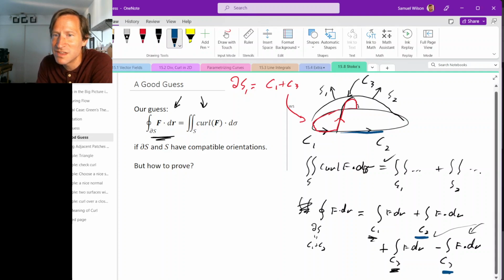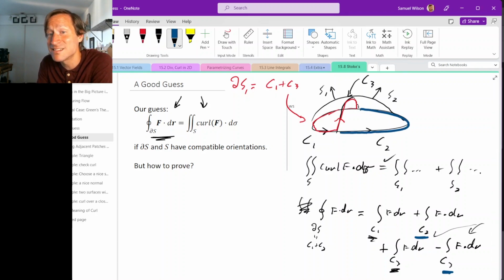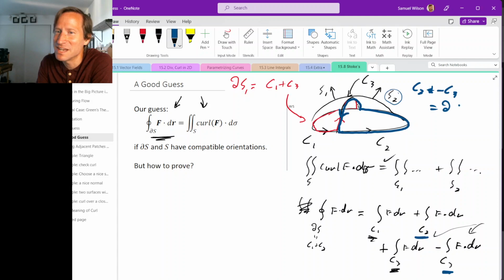Well, C2 is this way, and then minus C3, that's C3 but against the orientation, so that's this way. So that's the appropriately oriented boundary of S2. So C2 minus C3 is the boundary of S2.